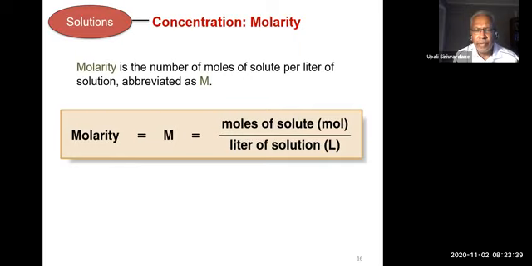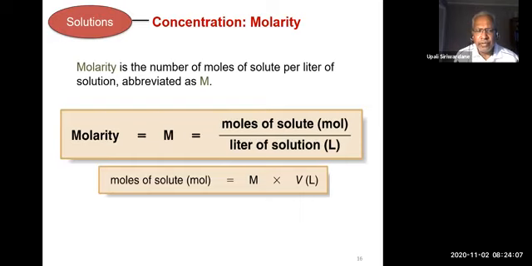In percentage, you need to find the mass of the solute and the mass of the solution. In the case of molarity, you have to find out how many moles are in the solution and divide by the total volume of the solution to calculate molarity.